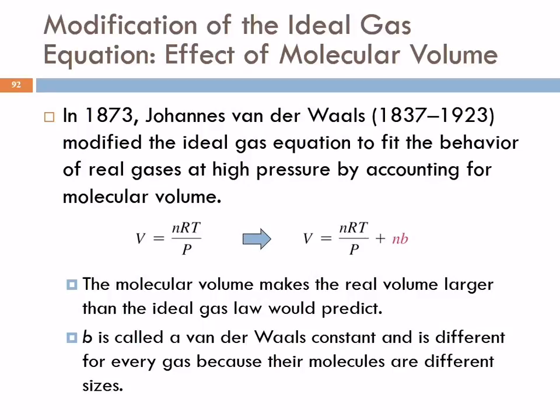But I want you to know that there are ways to calculate the actual volumes for real gases under conditions where their volume matters. So it adds nb, where b is the van der Waals constant, and that constant is going to be different for each particular gas. It's going to be individual to the gas. You add that factor on, and that will help you to predict the actual volume of that gas.